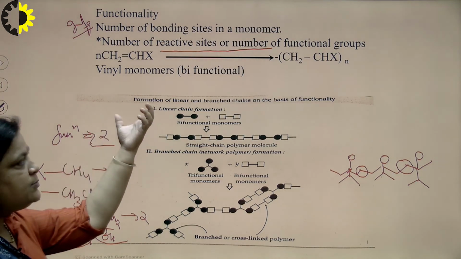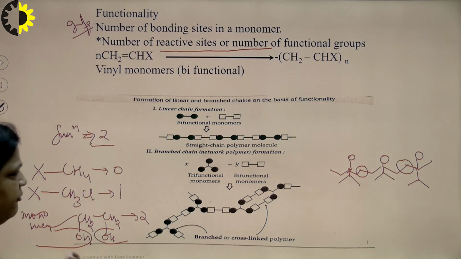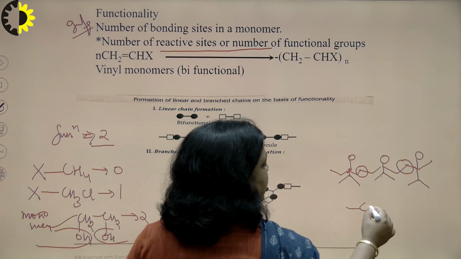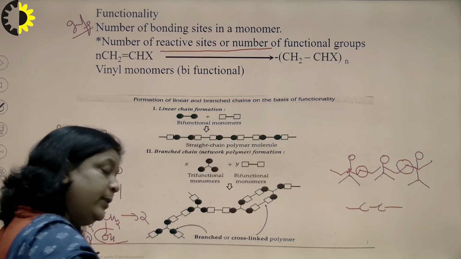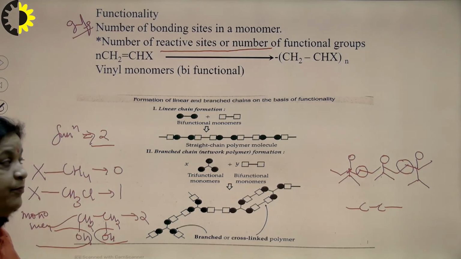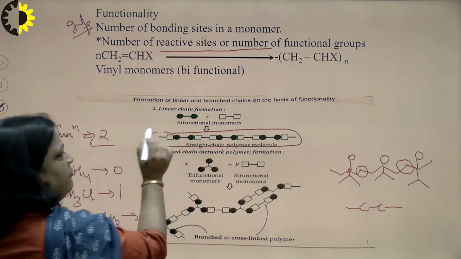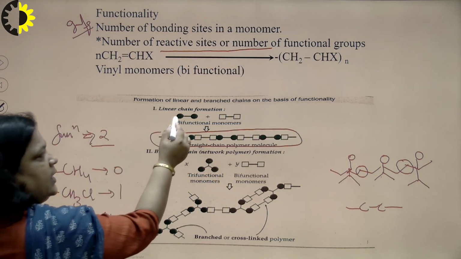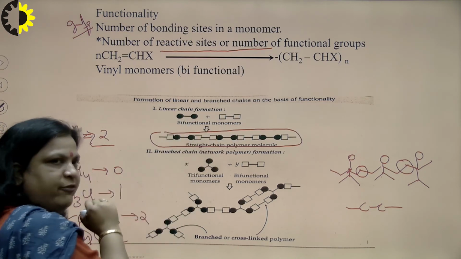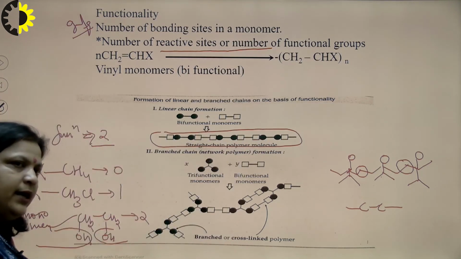And functionality plays a very important role in structure. For example, a molecule which has only two functionality means the chain will form in the left as well as the right direction. Which type of structure is formed? A straight chain will form. This is bifunctional as well as this is bifunctional, and when these combine, a linear chain or straight chain polymer gets formed.